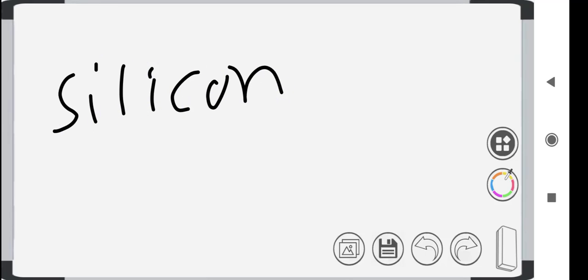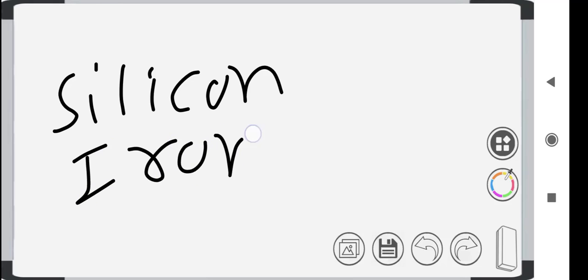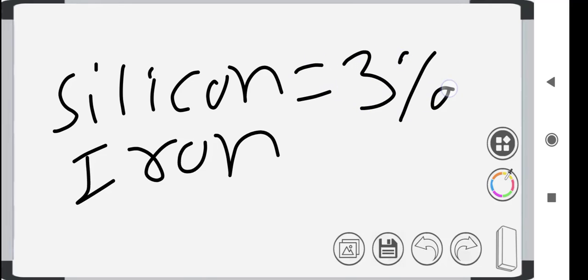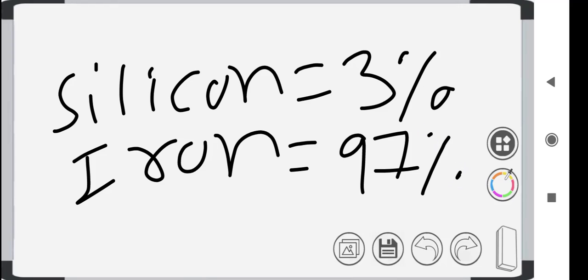In the exam, the question will ask what is the percentage of silicon in the transformer core and what is the percentage of iron. You have to tell that silicon contains 3% and iron contains 97%. This is very important.